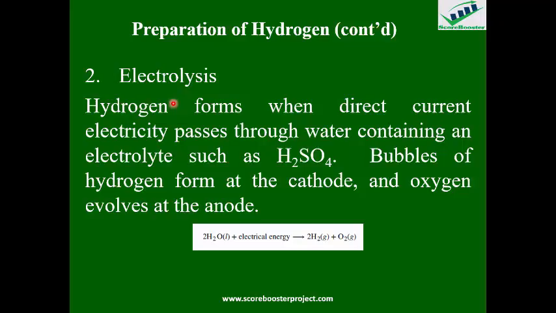I'm not interested in going into the rudiments of electrolysis now, because my aim is that you know electrolysis, you understand electrolysis. But as a form of reminder, let me just try to explain.